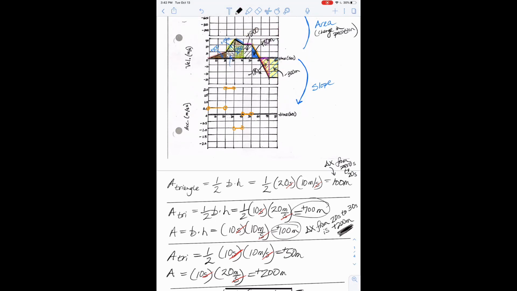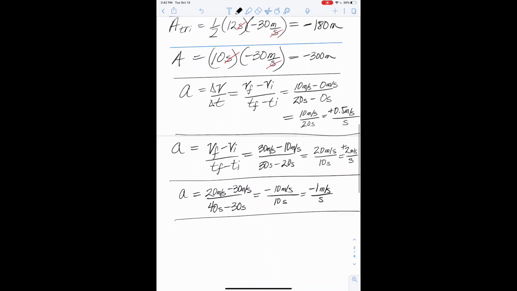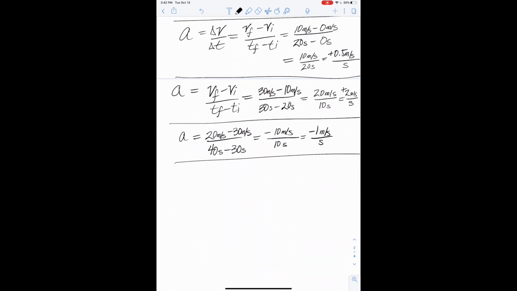It should be negative. Looks like my final height at 70 seconds is going to be -30 and +20 at 50 seconds. So we're saying 70 seconds minus 50 seconds. Whoops. Trying to go too fast here and making mistakes. Acceleration is equal to that.